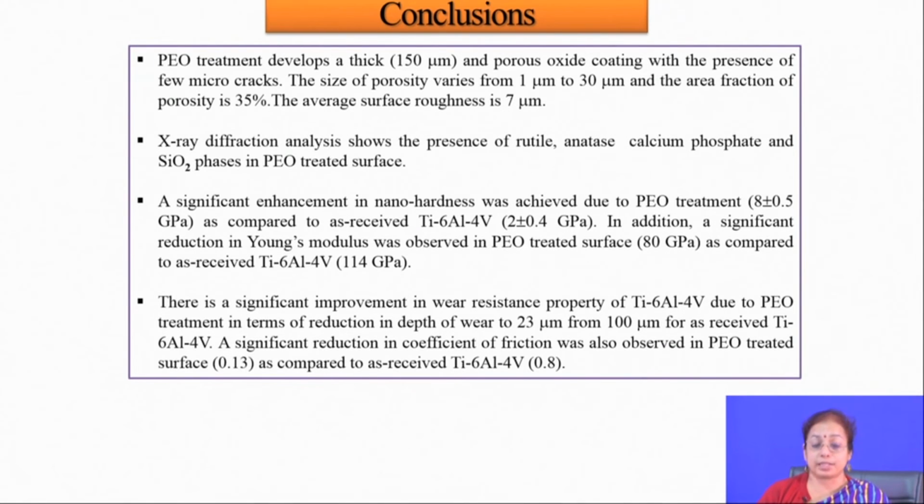But those porosities are a little different from the porosities in anodizing or chemical conversion coating. In those, porosities are all throughout the coating, but here porosity remains on the surface, and below the surface region porosities are not there because that is covered with the molten metal.